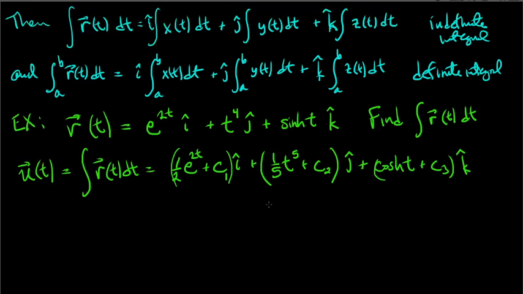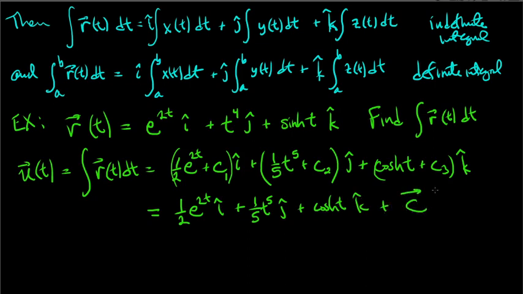Okay. Now, the c1i plus c2j plus c3k, this is a constant, but it's a constant vector. So we can basically treat all the c's as a single constant vector. So what we could do is write it this way: 1/2 e to the 2t times i plus, let's say, 1/5 t to the 5th times j plus hyperbolic cosine of t times k, and then plus the vector c, right?